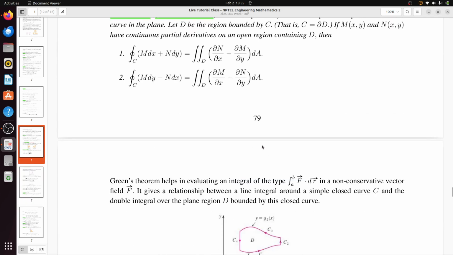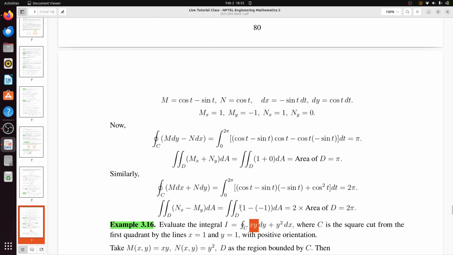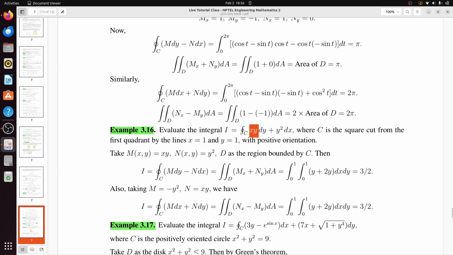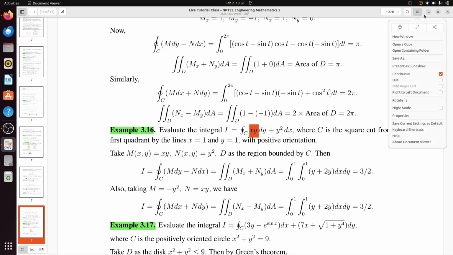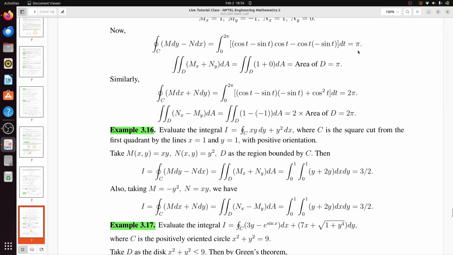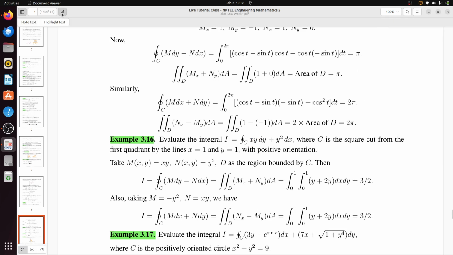The second form is m dy minus n dx. Okay, m dy minus n dx, this will be minus this, that will be minus y square, sorry. There is a bit of a typo here.